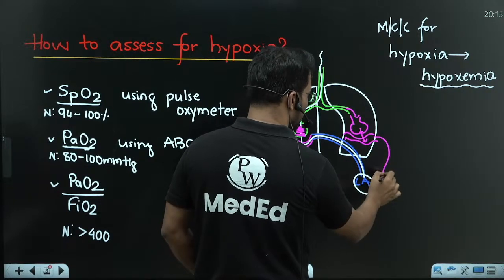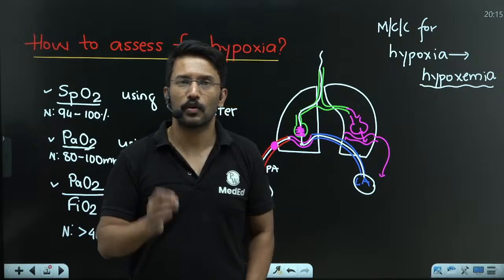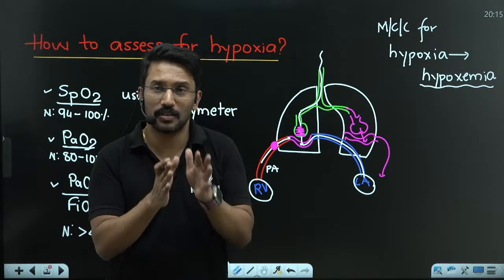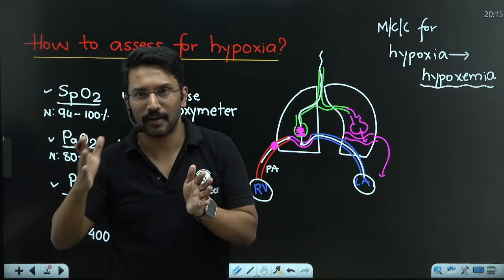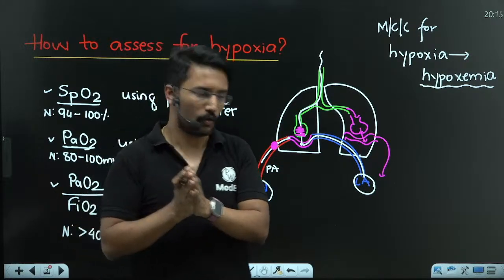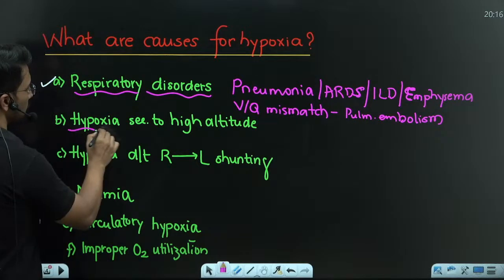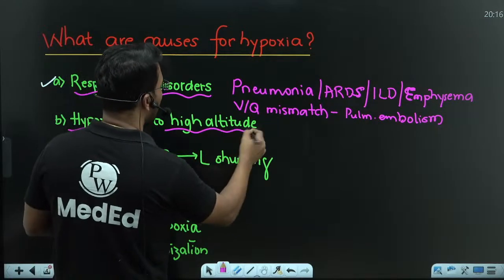So whatever blood is reaching the left atrium will carry less oxygen, because the partial pressure of oxygen in the arterial blood is dependent on FiO2. If FiO2 is low, there will be less oxygen in the blood, right? So hypoxia can also happen because of high altitude.